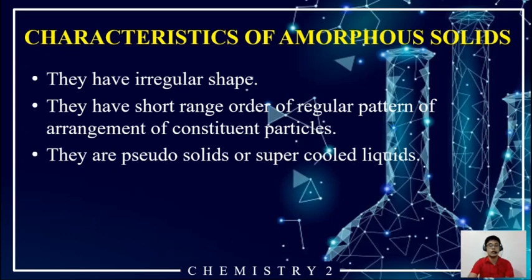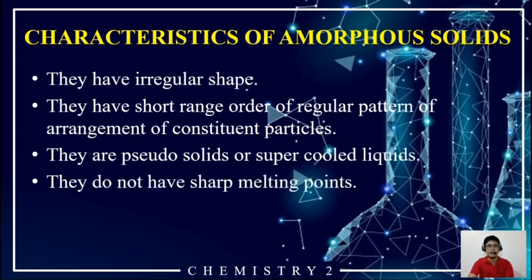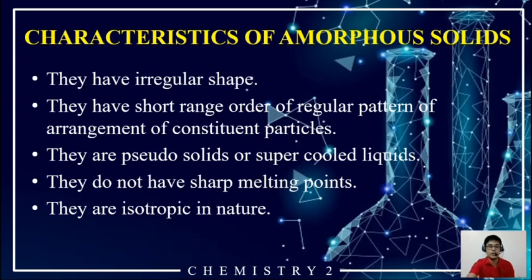When we say pseudo-solids, they are not true solids, and they are super-cooled liquids. Kasi nga, nagpapanggap at some point silang solid, pero hindi talaga sila ganoon katibay na solid. Ganun yun. And they do not have sharp melting points, and they are isotropic in nature. So when we say isotropic, this means having identical values of a property in all directions.